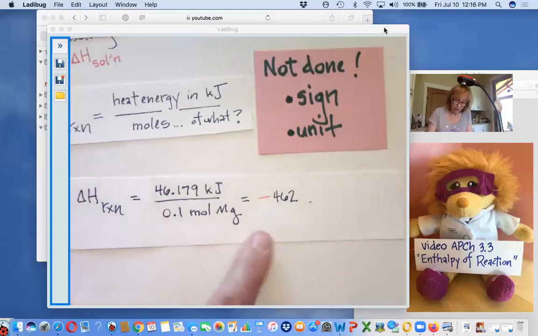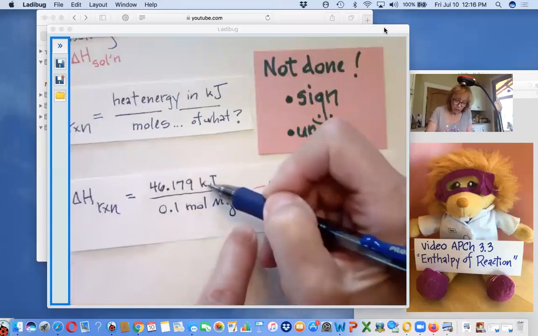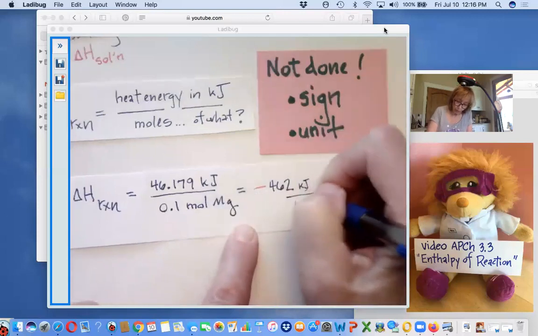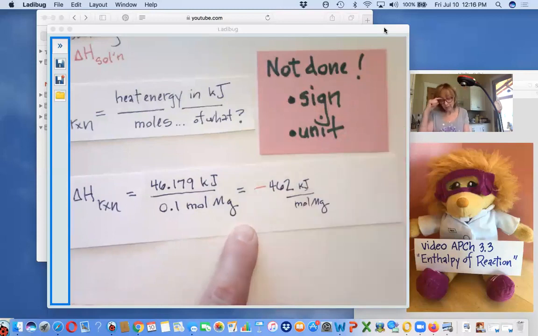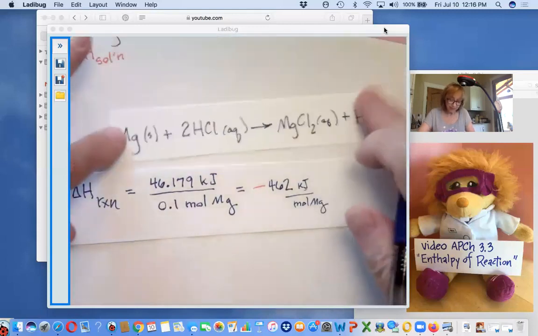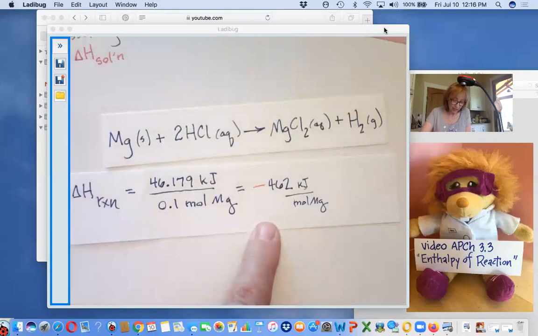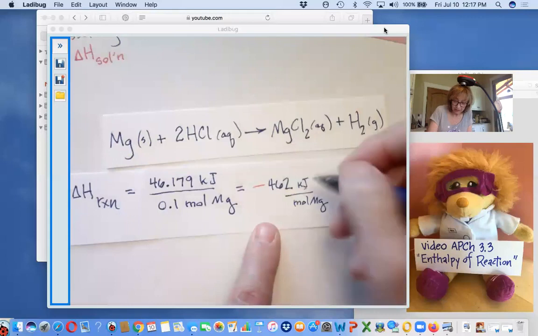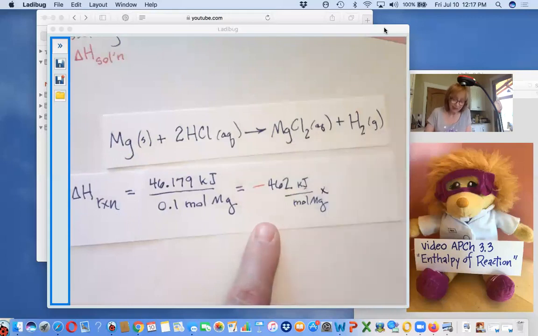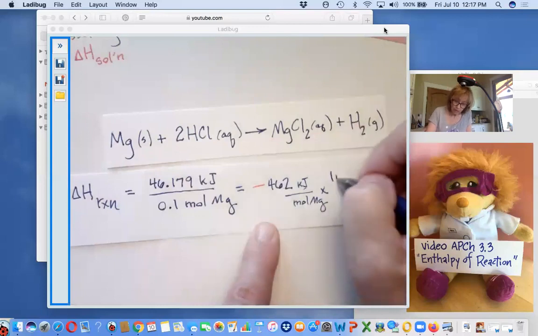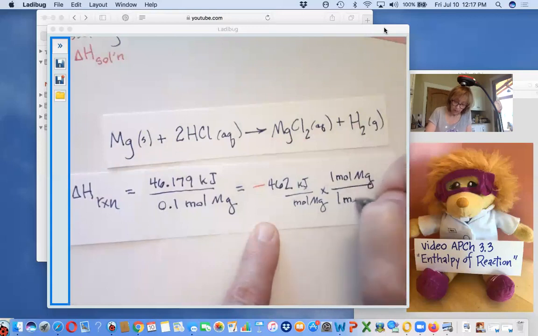Now, the next thing I want to show you is the unit. It looks like our unit should be kilojoules per mole of the limiting reactant. But in fact, the unit has to be able to apply to any reactant here. So what we're going to do is add one more piece. We're going to say in this equation, there is 1 mole of magnesium in 1 mole reaction.